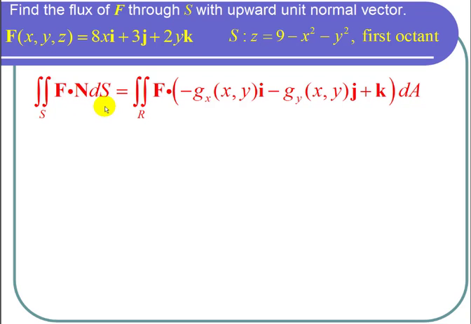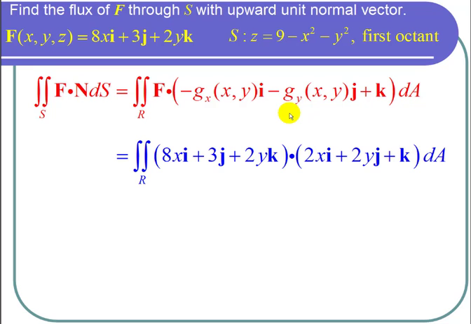And we have a formula that says that that is equal to the double integral over the region R of F dotted with negative g sub x of xy i, minus g sub y of xy j, plus k times dA, where g is the defining function for the surface. In this case, g of xy is 9 minus x squared minus y squared. So let's find g sub x and g sub y and plug in.